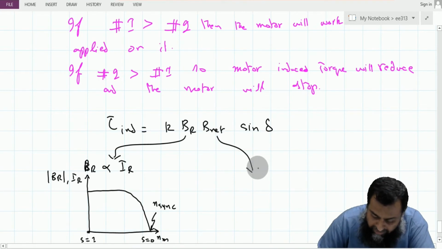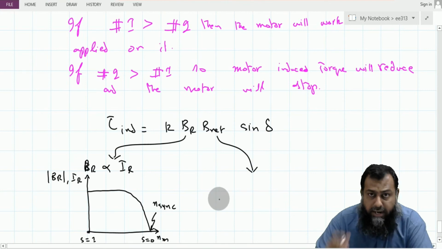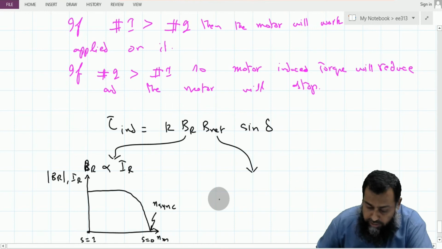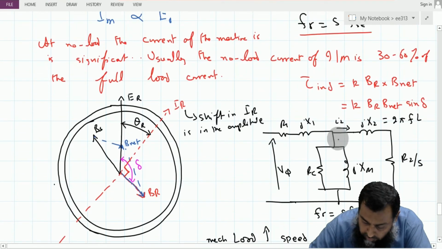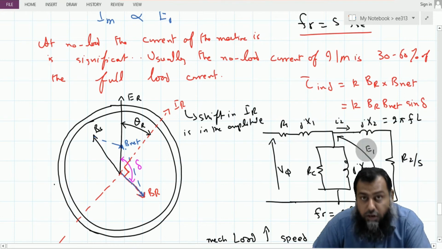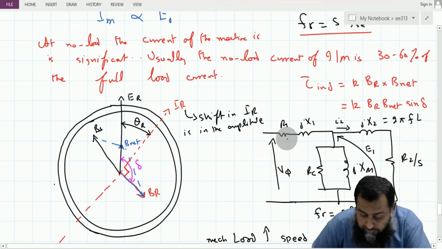Owing to this B_net here, this B_net depends on the value of E1, and we have also seen that this E1 is the voltage across this particular branch, and that the increment in the load does not cause much variation because of this R1 and jX1.